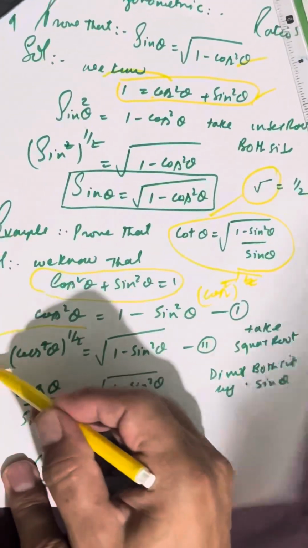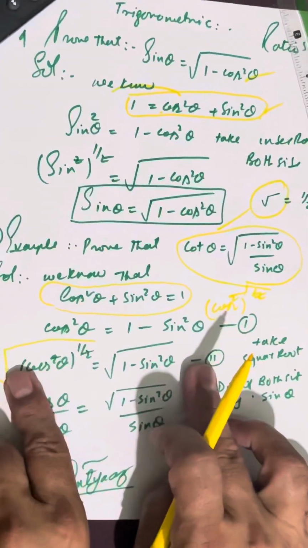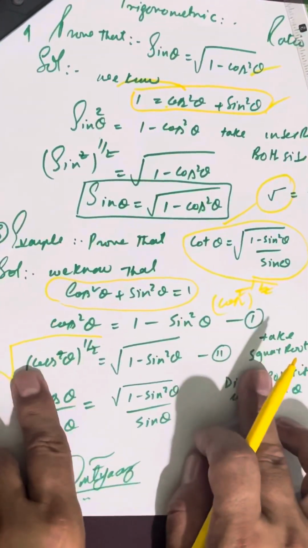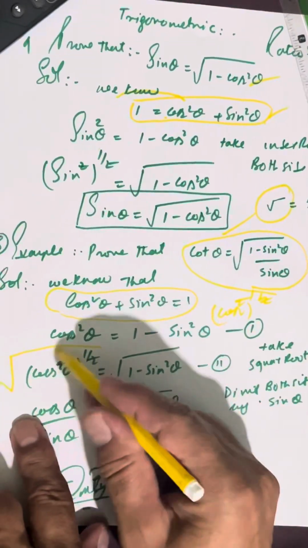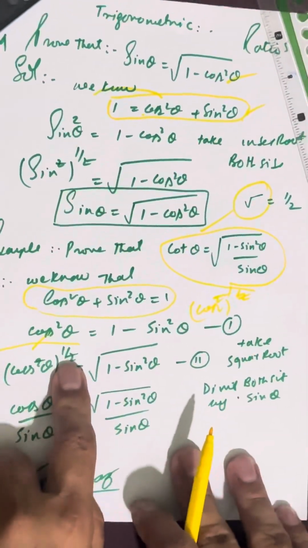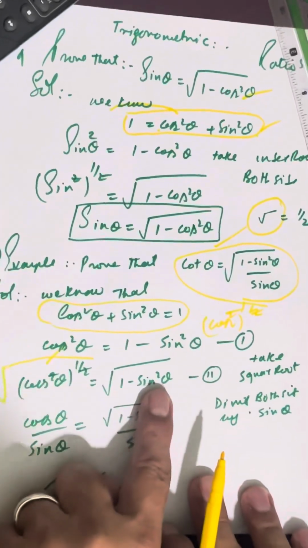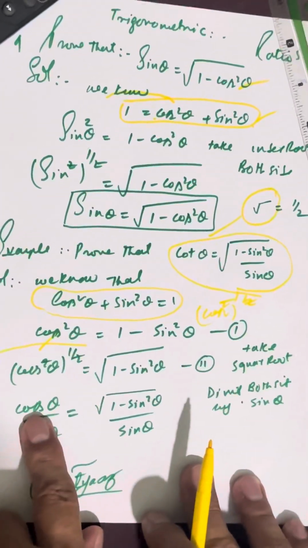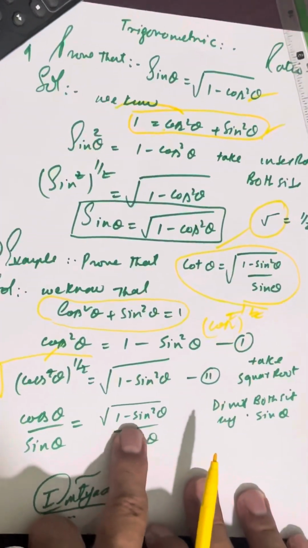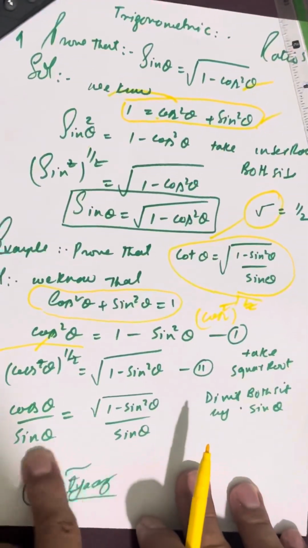Actually we should put the square root on both sides, but for easy calculation I did not put it here, I just put 1 by 2. So it is equal to 1 minus sine square theta. So we got cos theta is equal to the square root of 1 minus sine square theta.